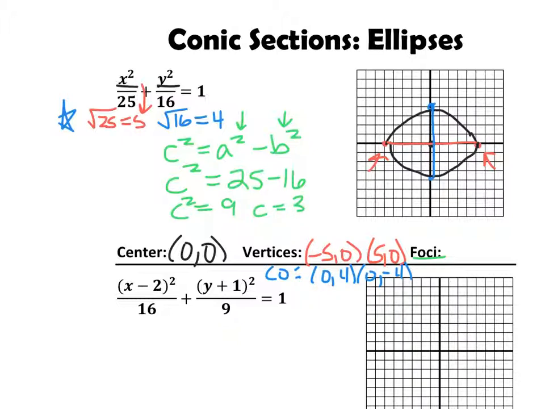To get my foci, we'll start with both of these coordinates with my center. So I have 0, 0, and then 0, 0. And we have to look at what's changing. What is changing for my vertices? My x value is what changes between those points. So my x value is where I'm going to add and subtract 3.